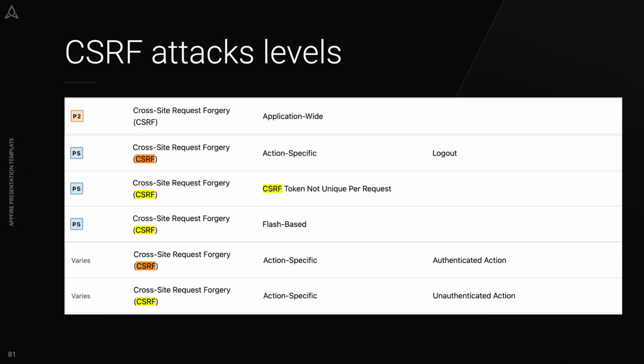Other things are P5, for example if you forgot about CSRF protection on the logout page, or your token is not unique per request, or you've got problems in Flash-based content, so it's P5 and you don't have to pay for it. And for others, you can see it varies. Varies means that it depends on how much of a problem this attack causes for your application. This one is negotiable with Atlassian and with the one who posted the bug.